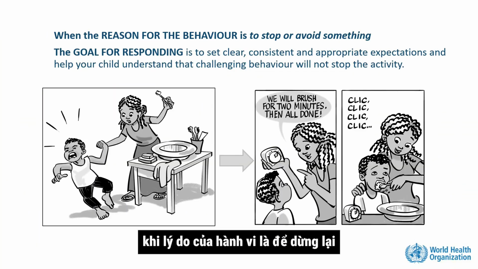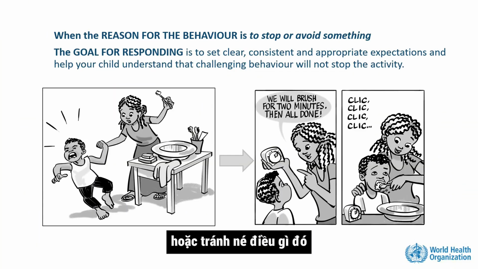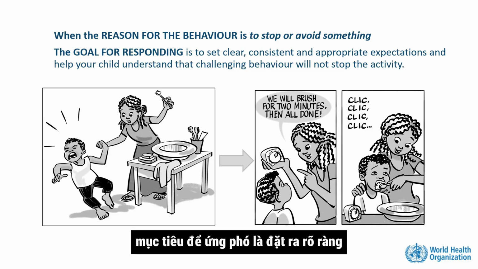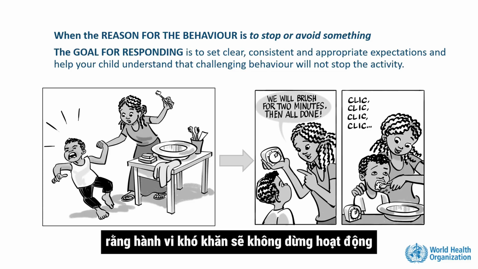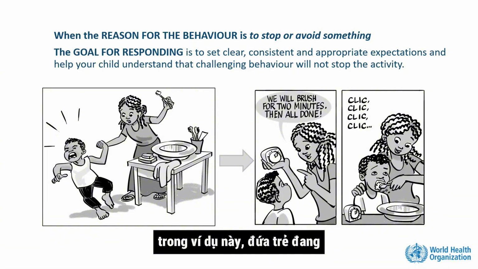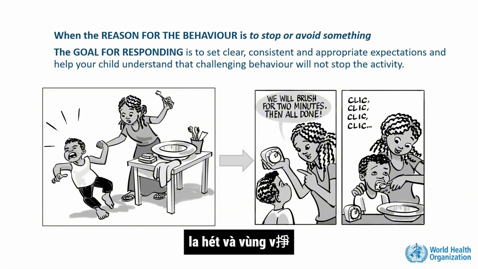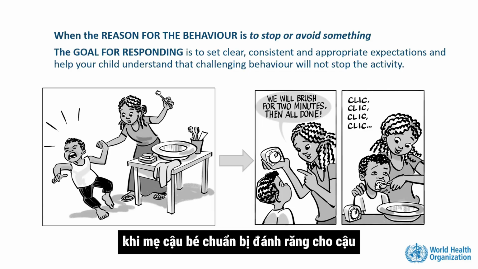When the reason for the behavior is to stop or avoid something, the goal for responding is to set clear, consistent, and appropriate expectations and help your child understand that challenging behavior will not stop the activity. In this example, the child is screaming and struggling when his mother is about to brush his teeth.